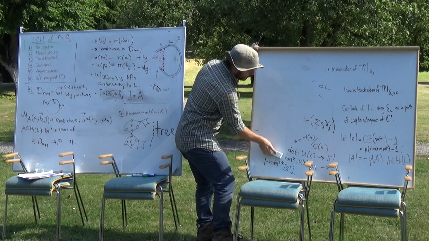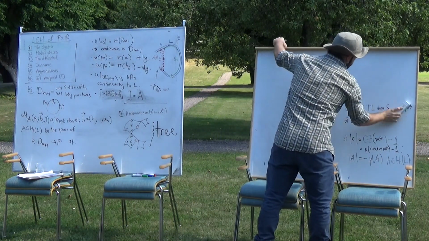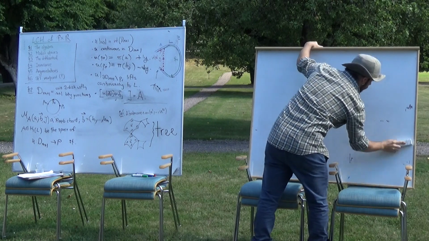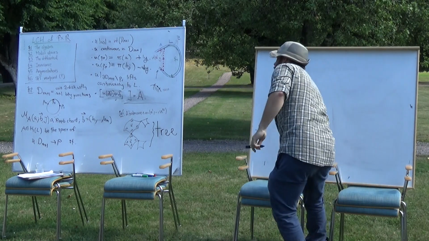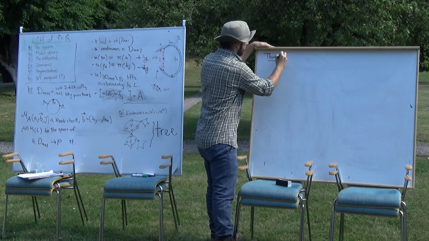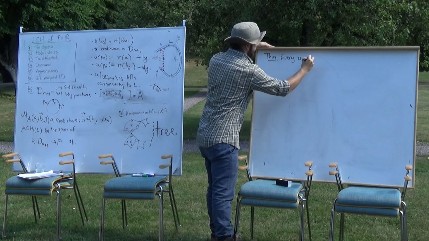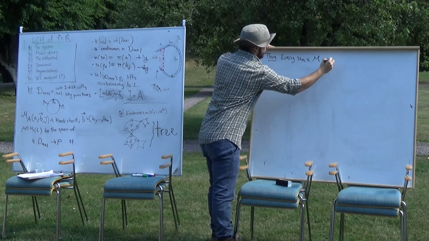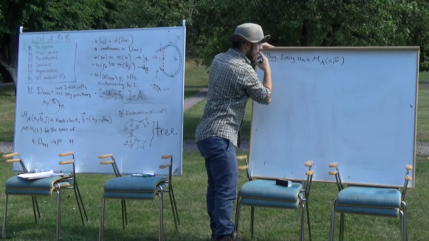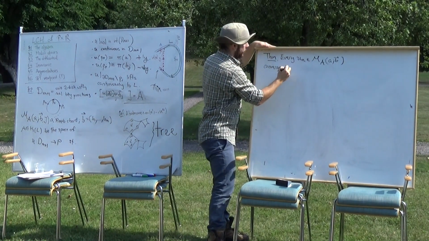Okay, so what is Gromov compactness? In this case, it says that every sequence of curves converges to one of these. So let me write that. Theorem: every sequence u_n in one of these fixed moduli spaces converges to a broken curve.